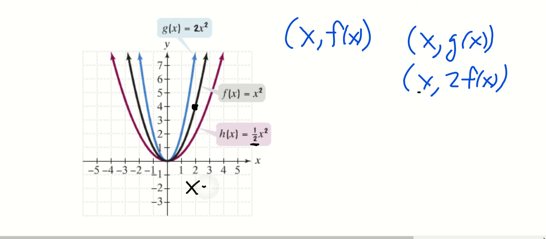So when x equals 2, the graph of f of x is at a height of 4, whereas the graph of h of x is at half the height, which is 2. Comparing the curve in red versus the curve in black, we would say that h of x is obtained from the parent function f of x by vertically shrinking each point by a factor of a half.